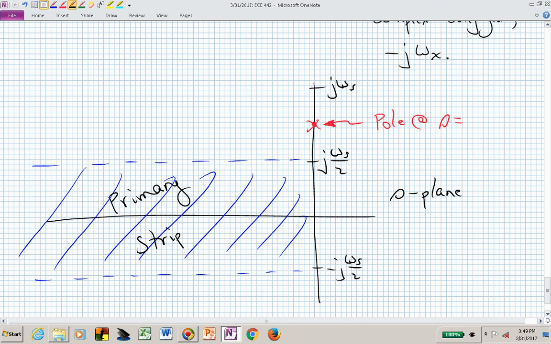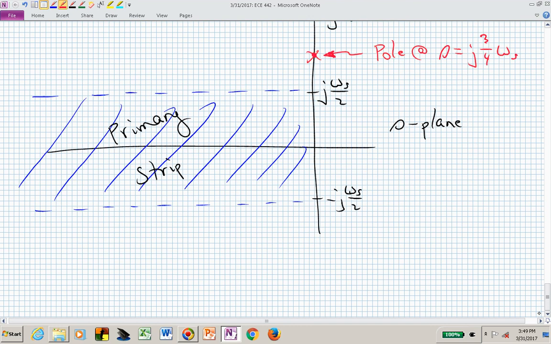So let's say that we have this pole, or we're sampling at s equal to j 3/4 omega sub s. We want to know, what does that pole look like to us now, or where does that frequency appear to be when we're sampling at a frequency of omega sub s?